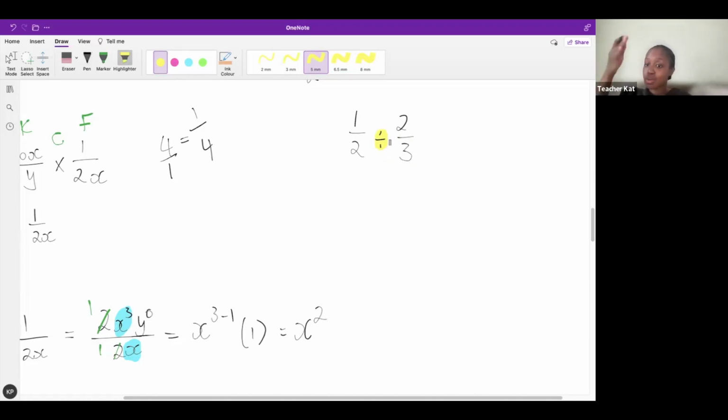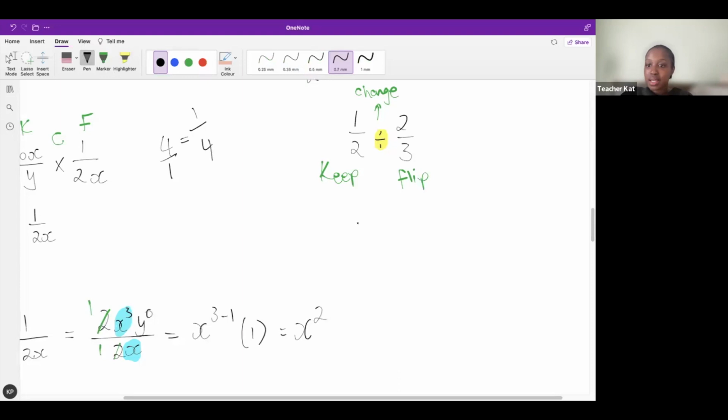You just multiply the top with the top and the bottom with the bottom. So the rule is you're going to keep the first fraction the same, and then you're going to change this division to a multiplication, and then you're going to flip the second fraction.